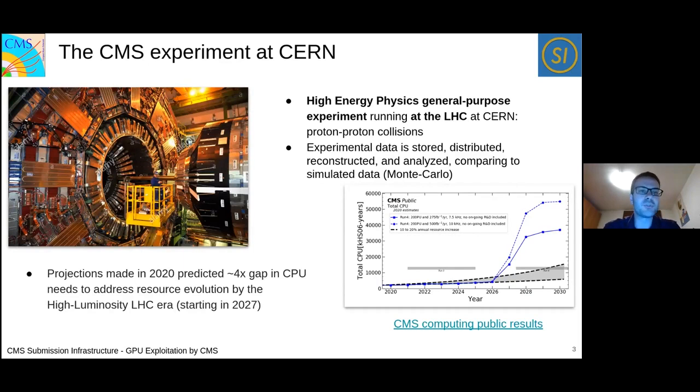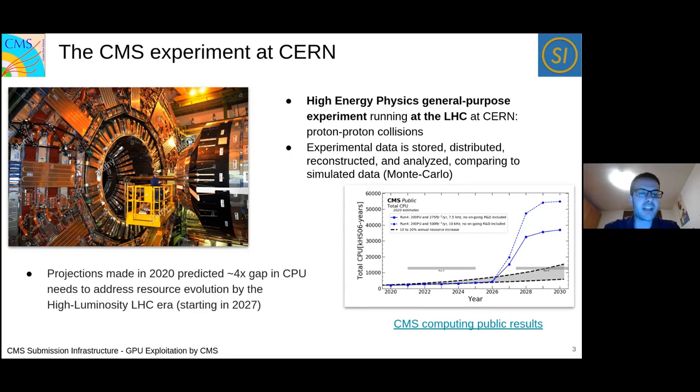So I think most of you are familiar with the CMS experiment. It's one of the 4 high energy physics general purpose experiments that is analyzing the data collected at the Large Hadron Collider at CERN. And data is stored, distributed, reconstructed, and analyzed, comparing it to simulated Monte Carlo data.